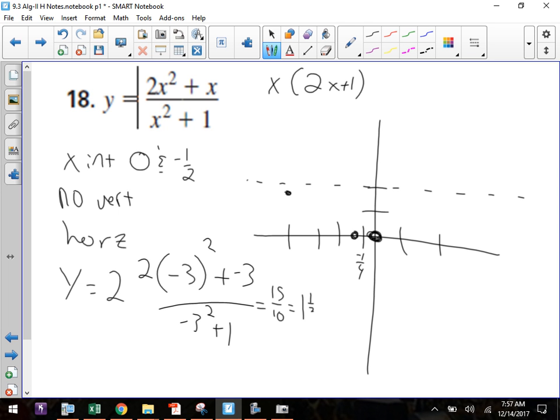If I use 2, I have 8, 6, 6 over, what is that, 3? No, that's not right. Wait, no, 6 was positive 3, so it's at 2.